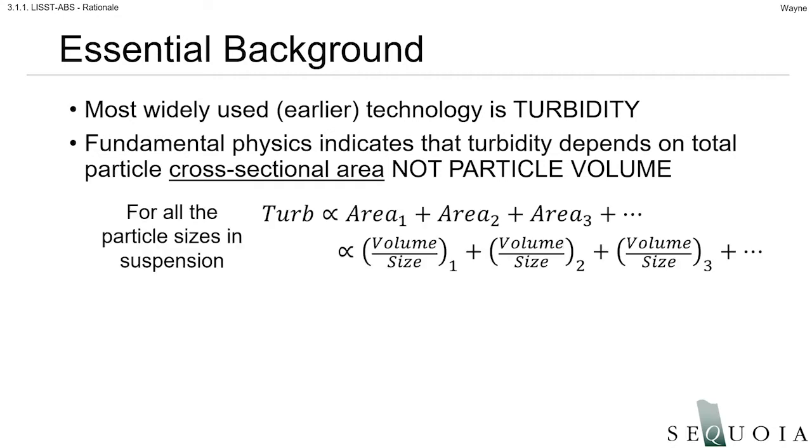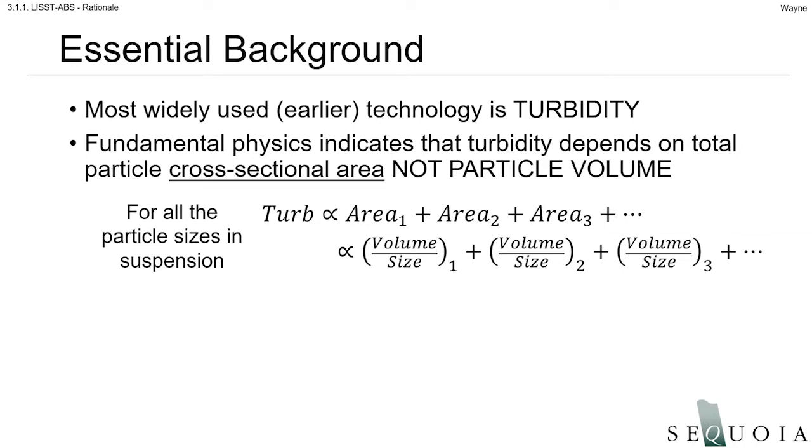For example, if we have a suspension of different particle sizes, the turbidity that we get out of the sensor will be proportional to the sum of the cross-sectional areas of the different particle sizes. So the total area of size 1, the total area of size 2, total area of size 3, and so on. And then we can also think of that cross-sectional area as the ratio of particle volume to particle size.